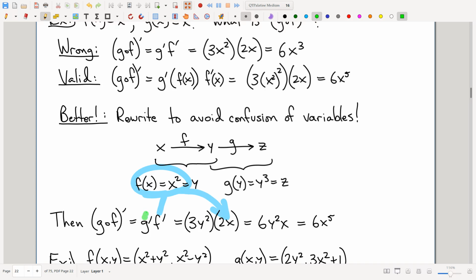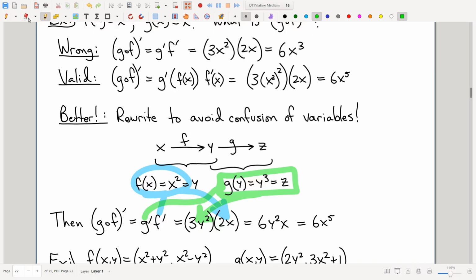The derivative of g, you just write it down. Don't worry about, oh wait a minute, where do I evaluate it? I've got different names for the different variables. Where do you evaluate g prime? Well, at y. It's written in terms of y, so you evaluate it at y. Nothing to keep track of, nothing to remember.